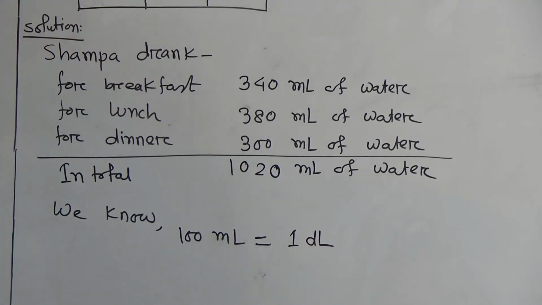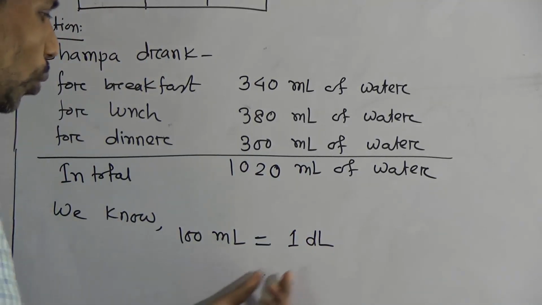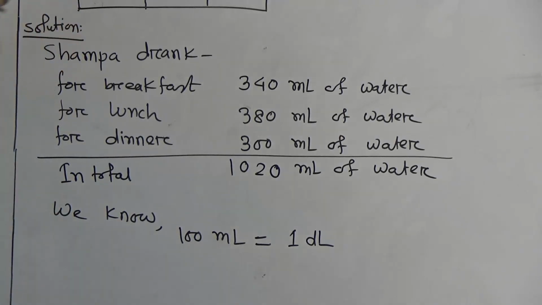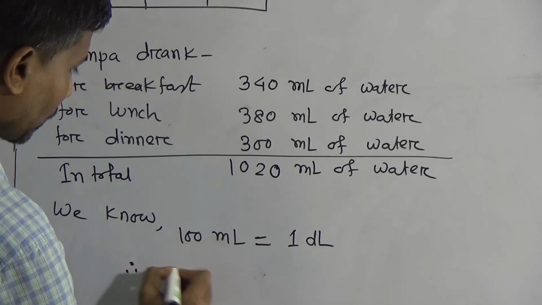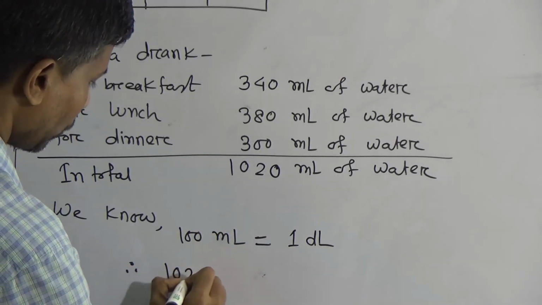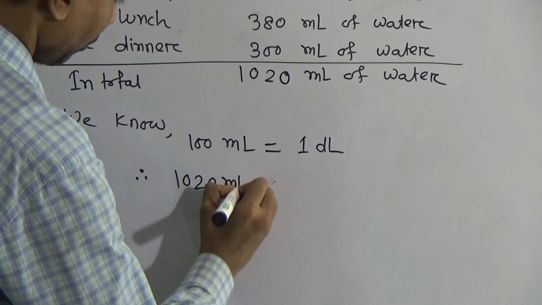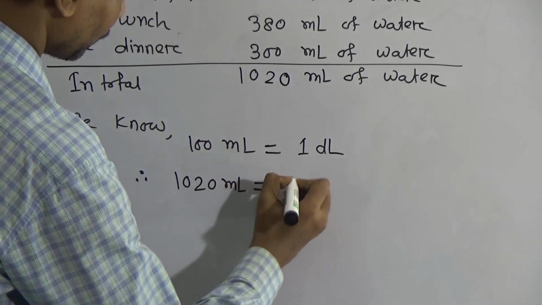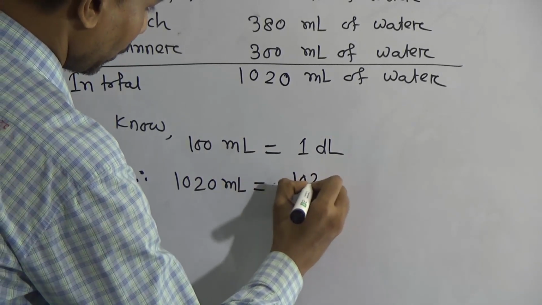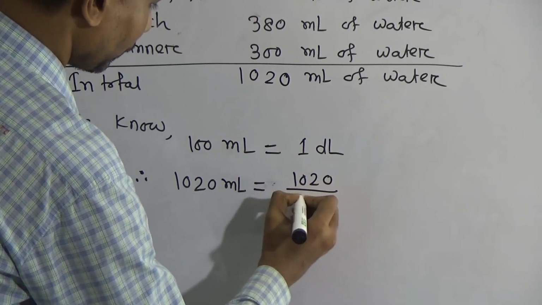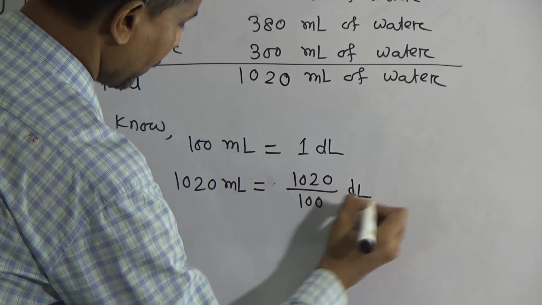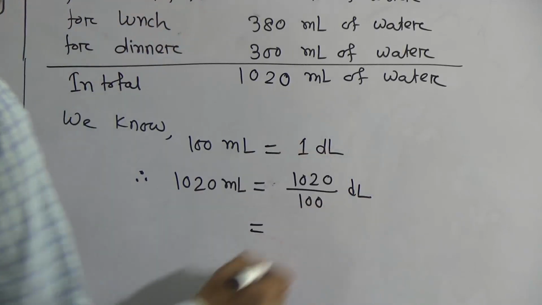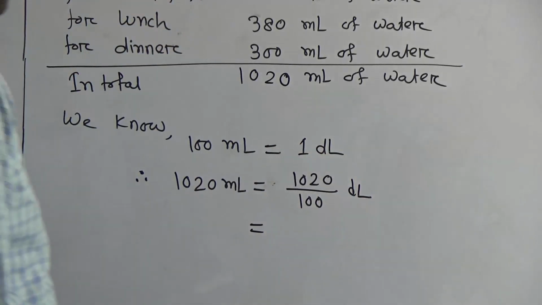Okay, student, we know it. 100 milliliter equals 1 deciliter. Therefore, 1020 milliliter equals what? 1020 by 100 deciliter.